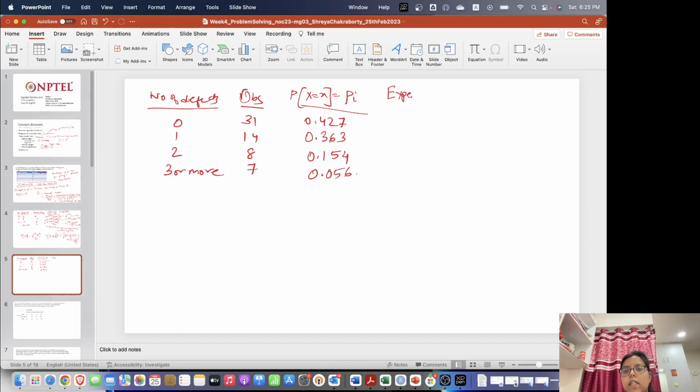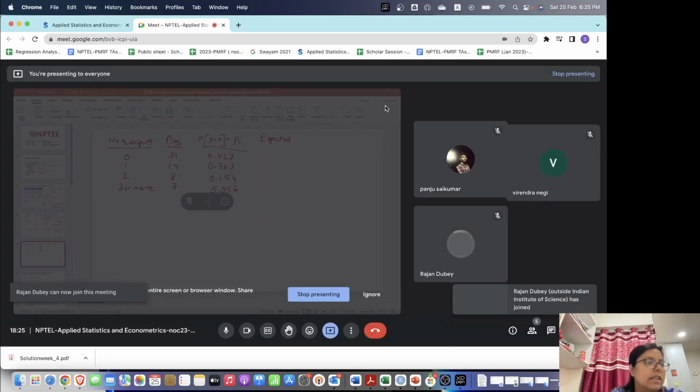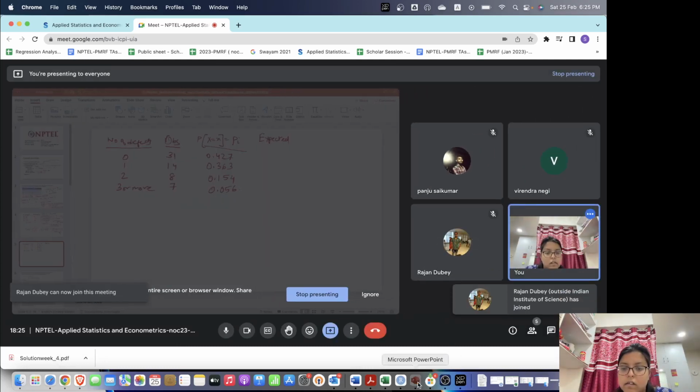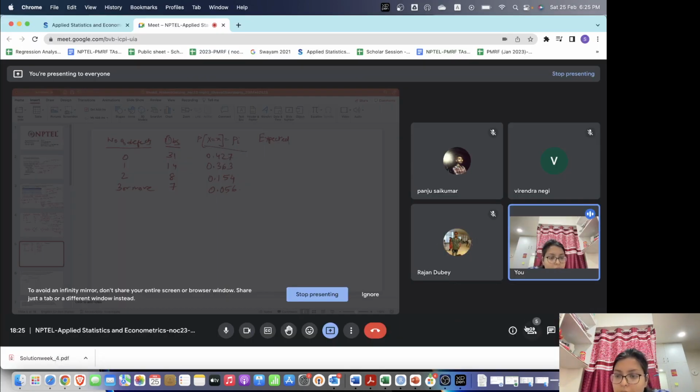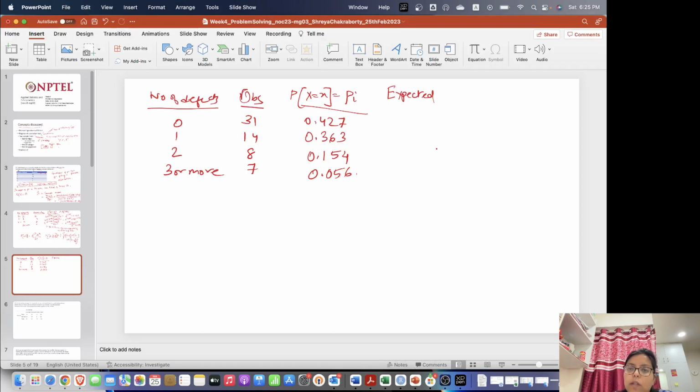So the expected frequencies will be, we'll multiply the probabilities with the total number. The total number was the observed total, 60. So this will be 0.427 into 60, 0.363 into 60, 0.154 into 60, 0.056 into 60.